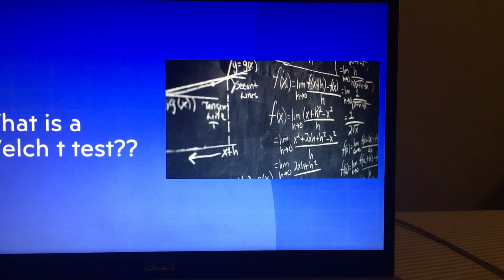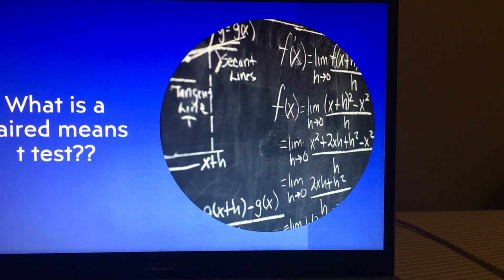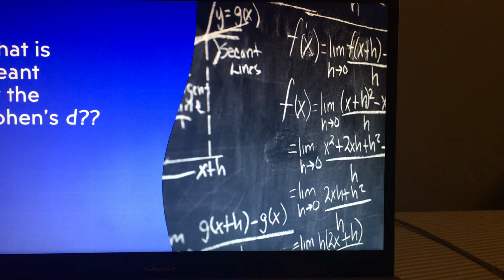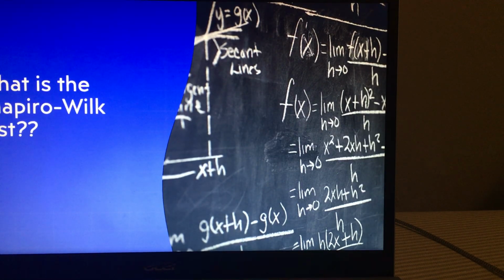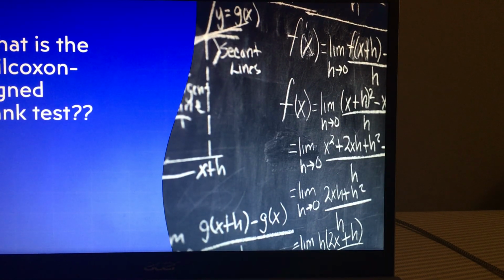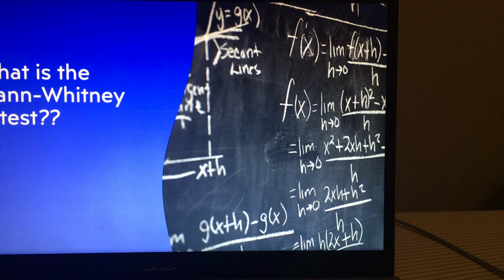We went over the paired means t-test, and then we went through the non-parametric alternatives, which included our Wilcoxon signed rank test and the Mann-Whitney U-test.